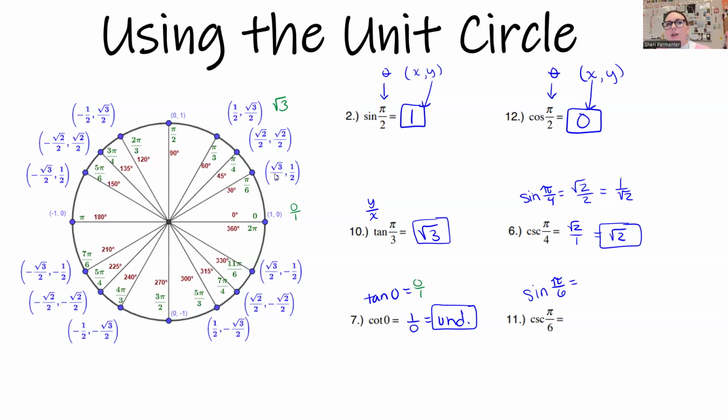My x value is cosine, my y value is sine. Remember, this is the one that I've committed to memory, pi over 2. So I have 1 over 2. So what is cosecant of pi over 6 then? 2. Y'all see what we're doing here?